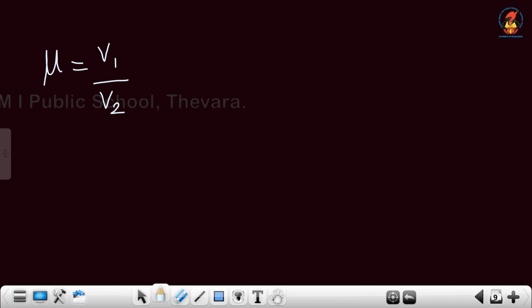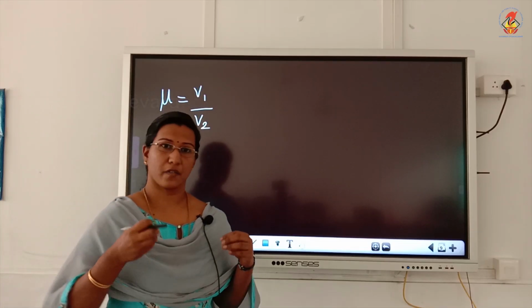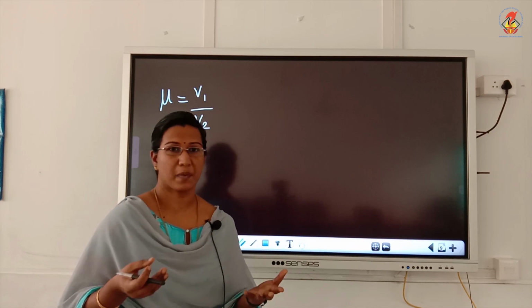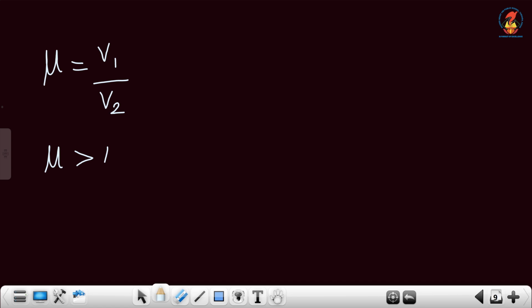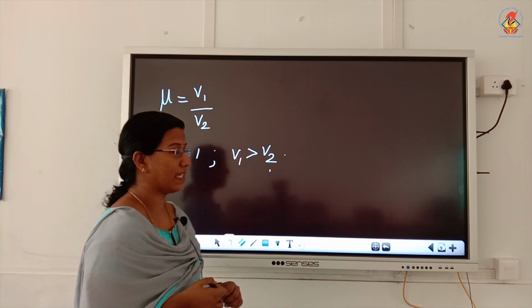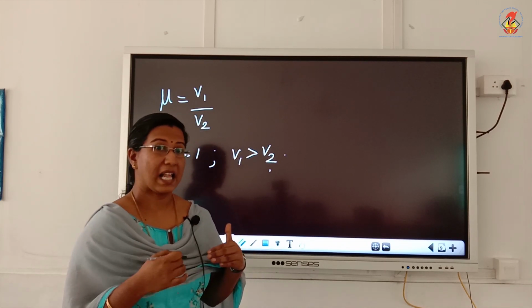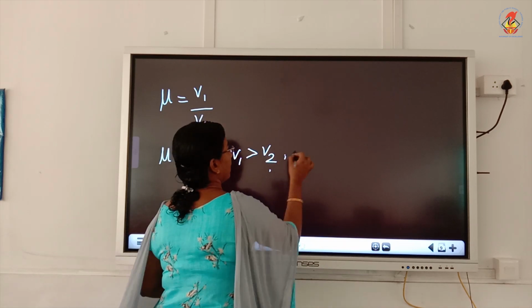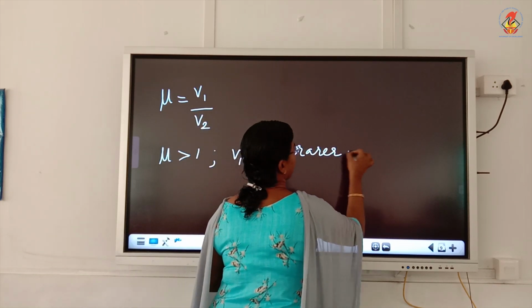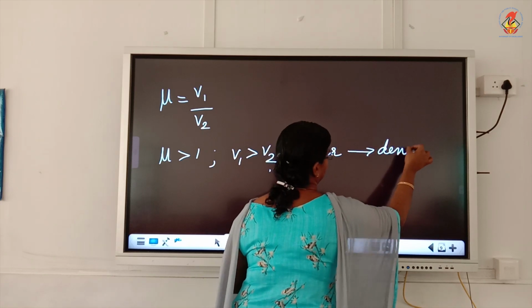If you found out the refractive index of a given medium in your experiment is greater than 1, that is, if mu is greater than 1, then we can definitely say V1 is greater than V2, which means the light velocity is more in medium 1, so light is travelling from a rarer medium to a denser medium.